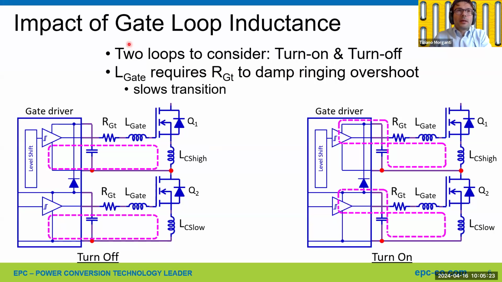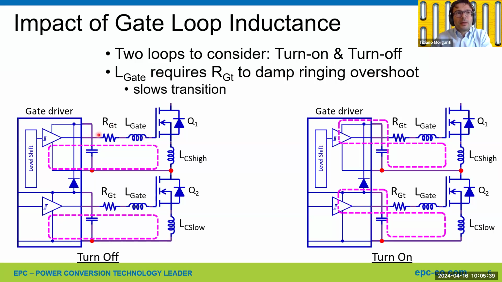Then regarding the gate loop inductance, the effect of an increased gate loop inductance is to create an overshoot in the gate drive.